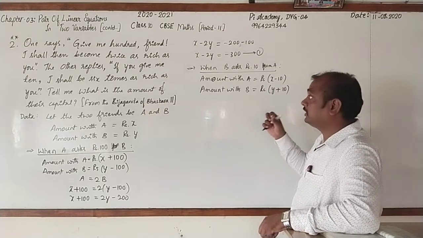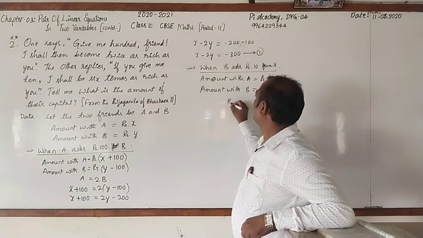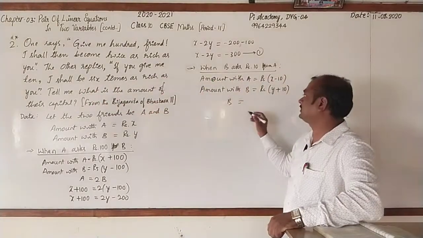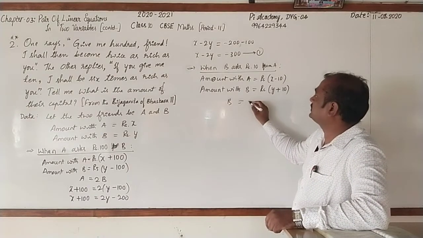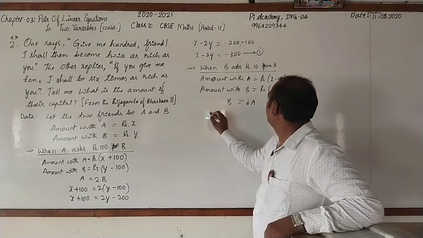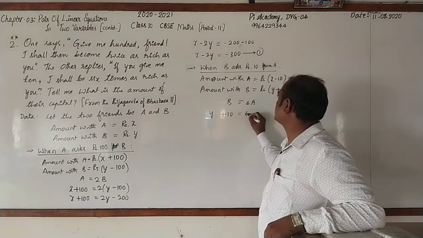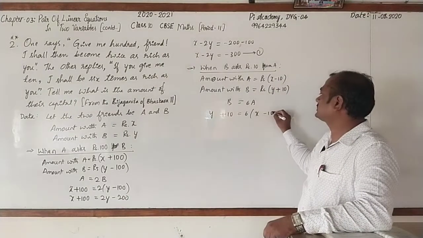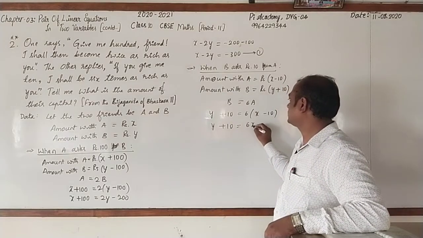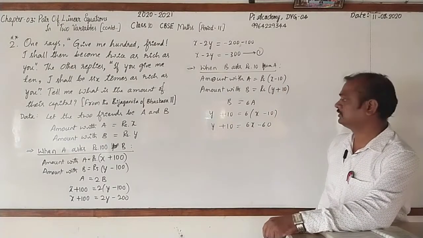Clear? Then he will tell that, if you give me 10, I shall be 6 times as rich as you. That is, B equals 6A. B is Y plus 10, equal to 6 into A, which is X minus 10. It is Y plus 10 is equal to 6X minus 60.